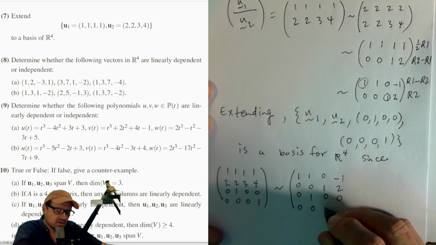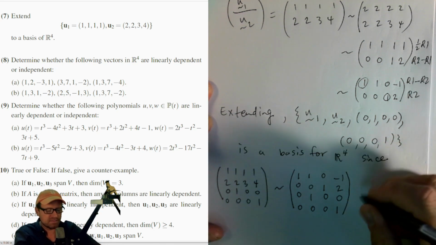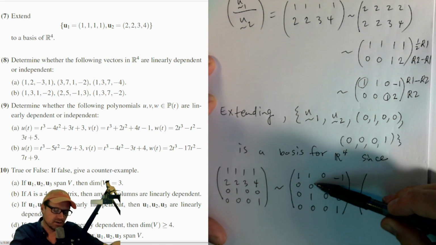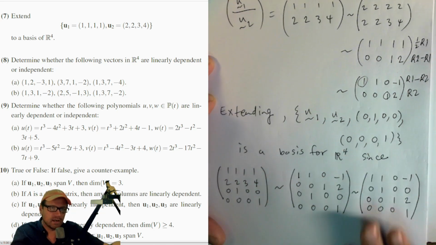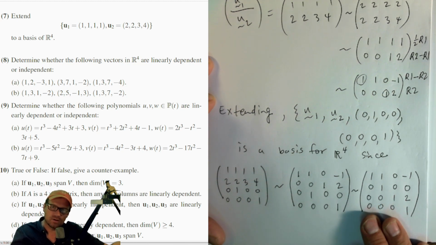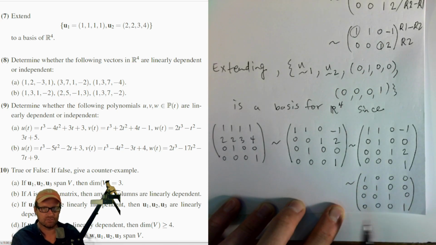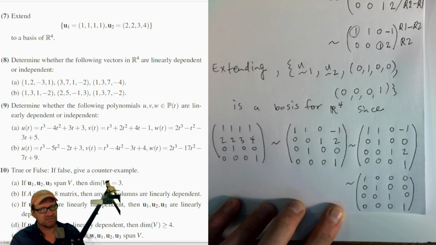0, 0, 0, 1. Now we can do row swaps so that this one goes here and this one goes here. Looking at this, it's clear that this will row reduce to the 4x4 identity matrix, and we know that E1, E2, E3, E4 forms a basis for R4.